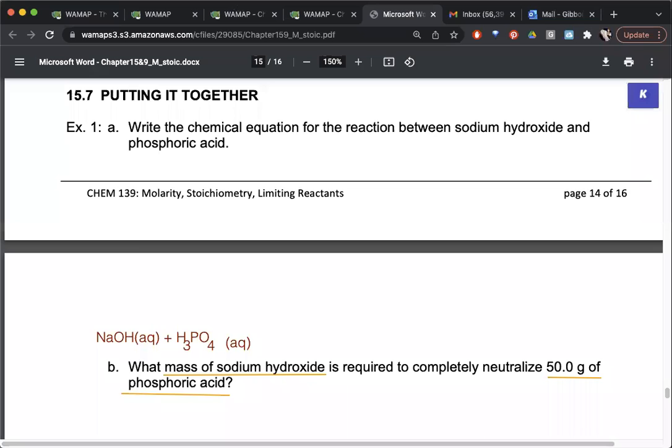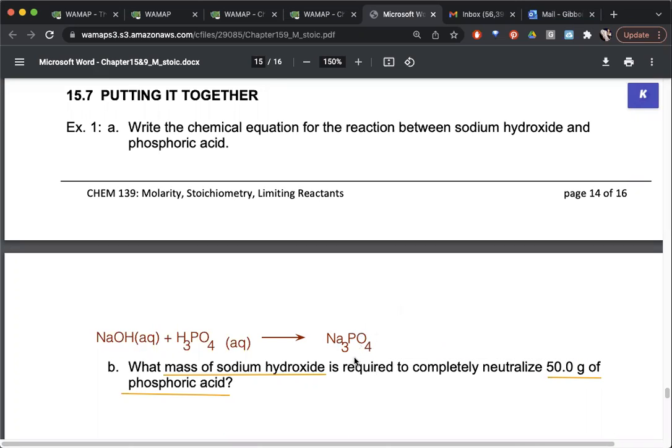And when these react together, it's with a strong base, so that's going to react completely to form what? Write your products. Sodium phosphate.